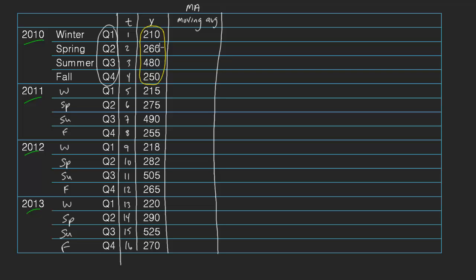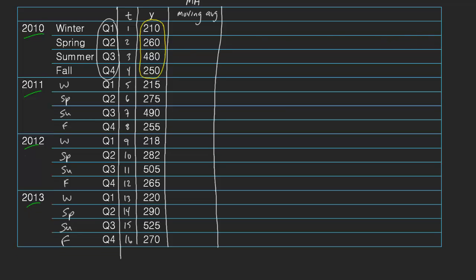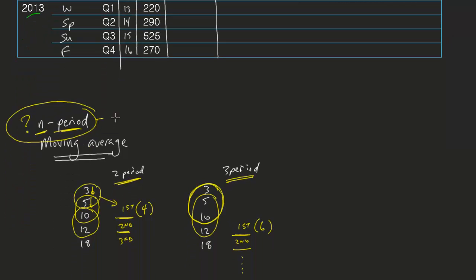And here's another thing that's going to be very, very important about seasonal data. The first thing about moving averages that I said was important is that your number of periods is the number of seasons. The next thing is, we don't put our value below.